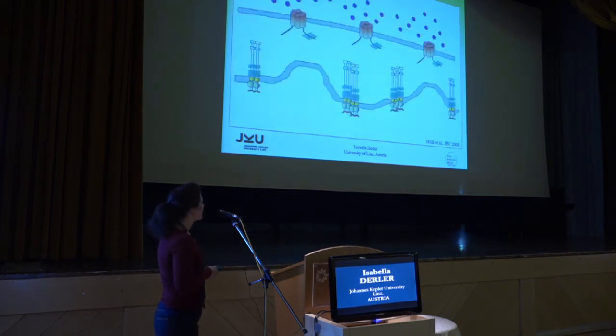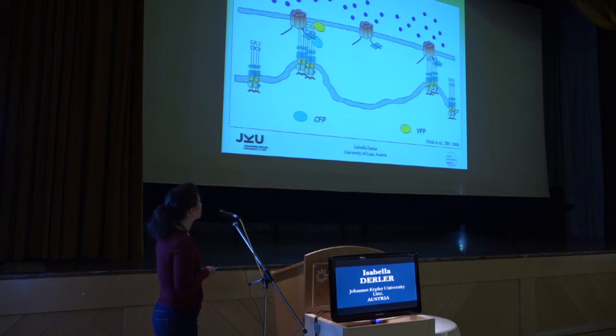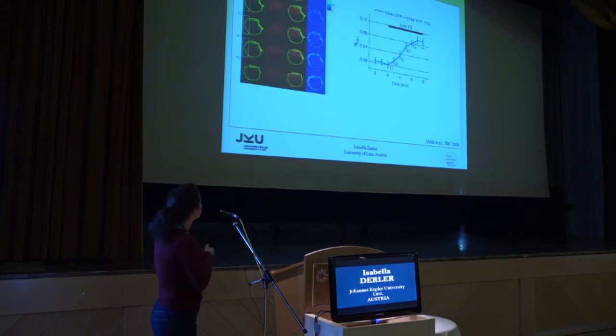The STIM aggregates now couple to the ORA protein. This can be also nicely visualized again with the FRET technique. For that, we labeled the two proteins, now both at the C-terminus with YFP and CFP. And here you see HEK cells co-expressing now the CFP-ORA, YFP-STIM, the overlay, and the FRET in the resting state.